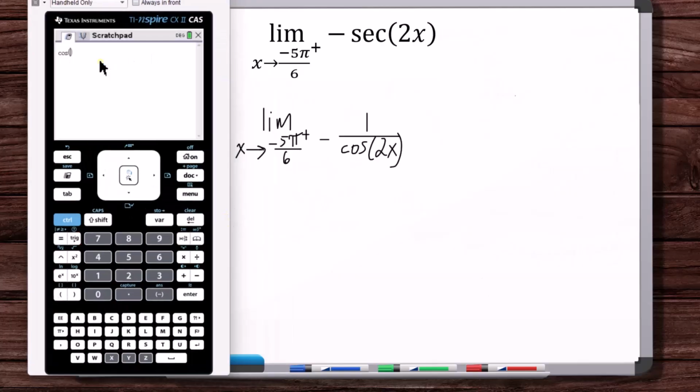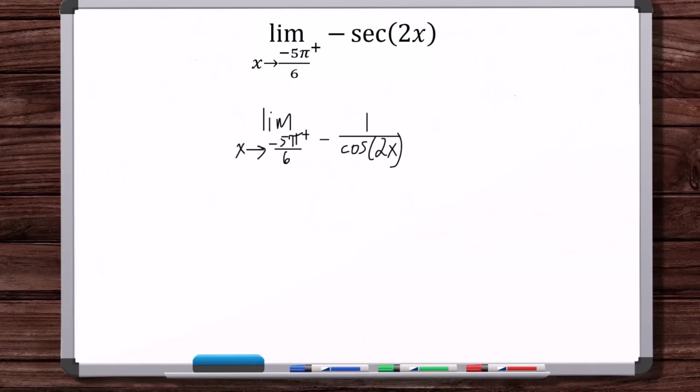So go to radian mode. Okay, so now we can just take the reciprocal of that. The function is continuous at the limit point. So 2, but with the minus sign out front. So if you plug in minus 5 pi over 6, you get minus 2.